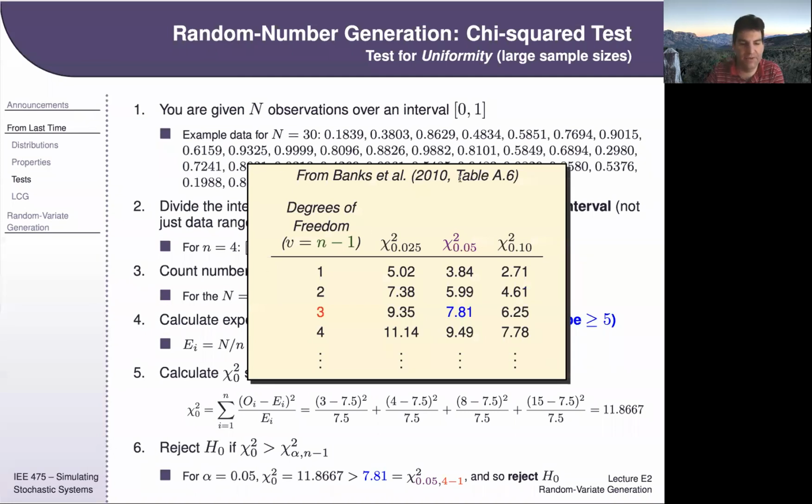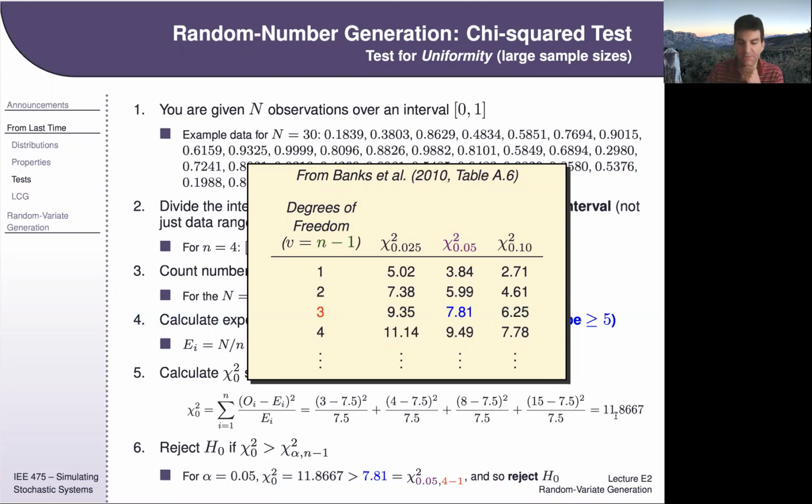So we look in the back at our chi-squared tables, and I will provide you all of these tables on a midterm. These tables have a degrees of freedom column, which for a chi-squared test is your number of bins minus 1, so it's 3 in this case. Then I'll give you a level of significance, alpha, and 0.05 is the standard one here. For 3 degrees of freedom and 0.05, the most you can be away from your null hypothesis before you reject it is a chi-squared distance of 7.81.